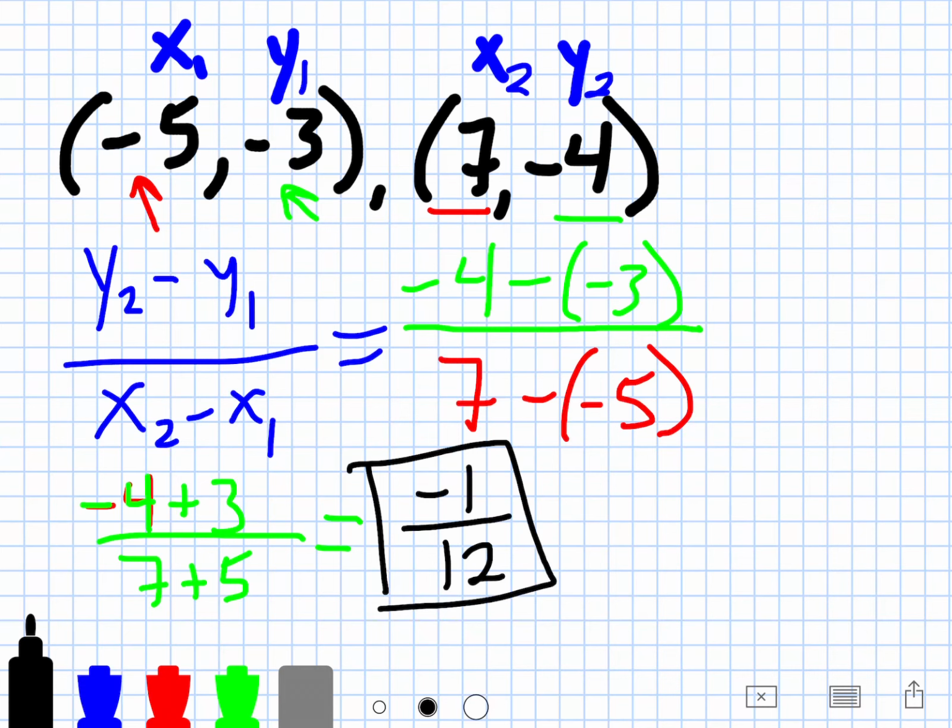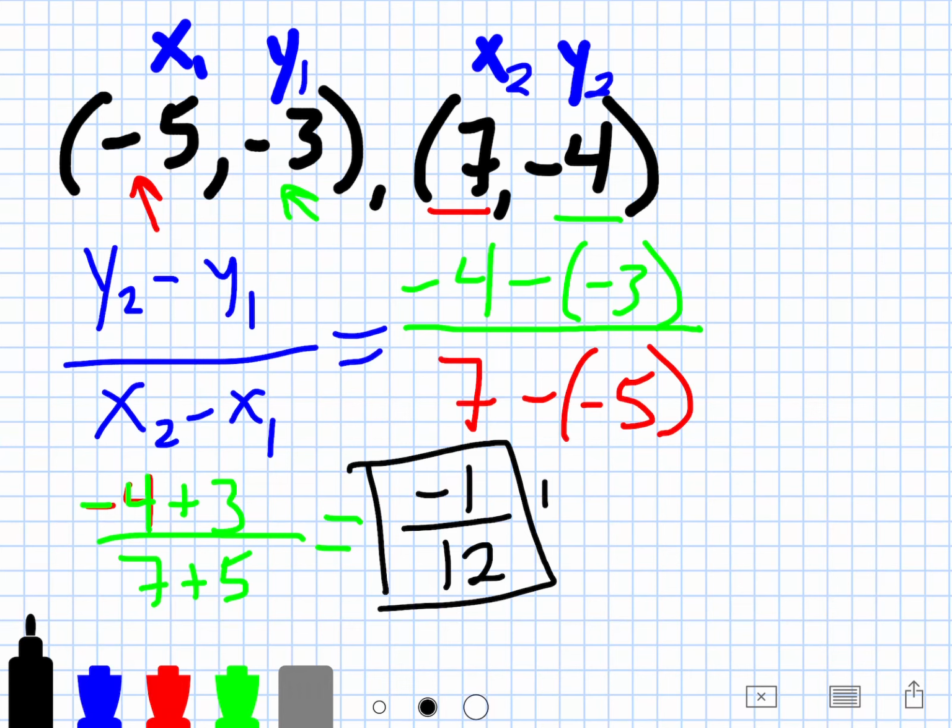They gave us 2 points. They wanted us to find the slope. We can. It's -1/12. Now, take a minute to think about it. Is that a big number or a small number? It's a small number. What kind of small number is it?